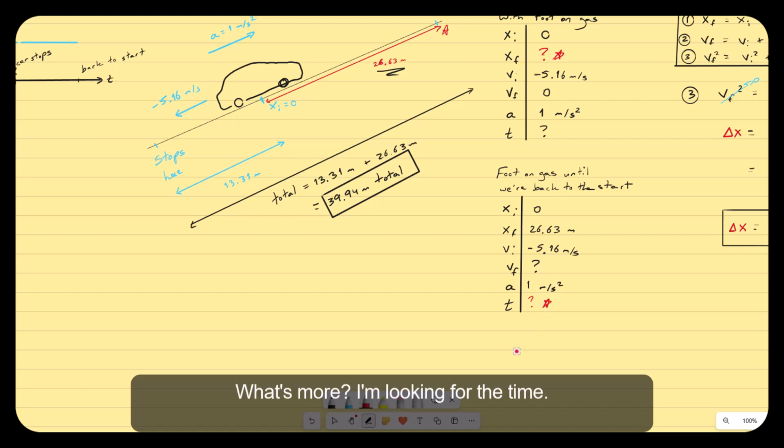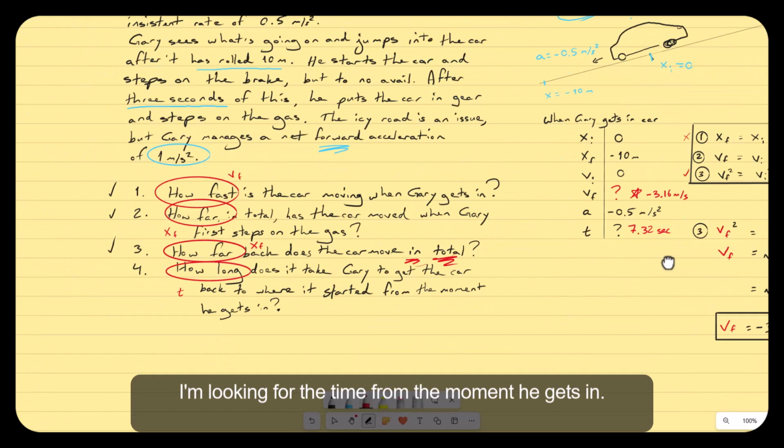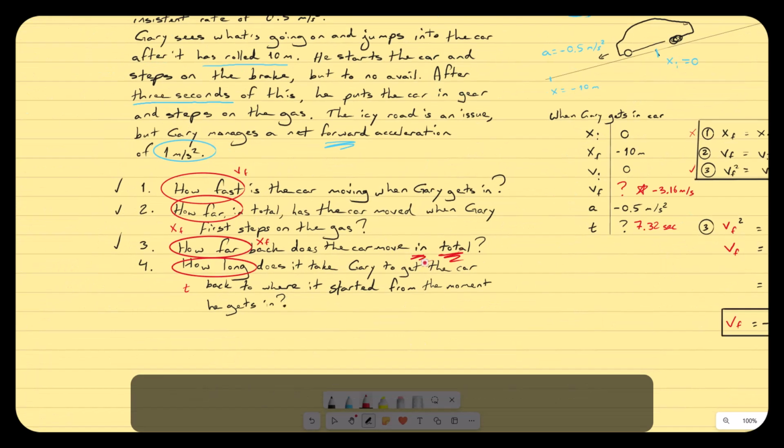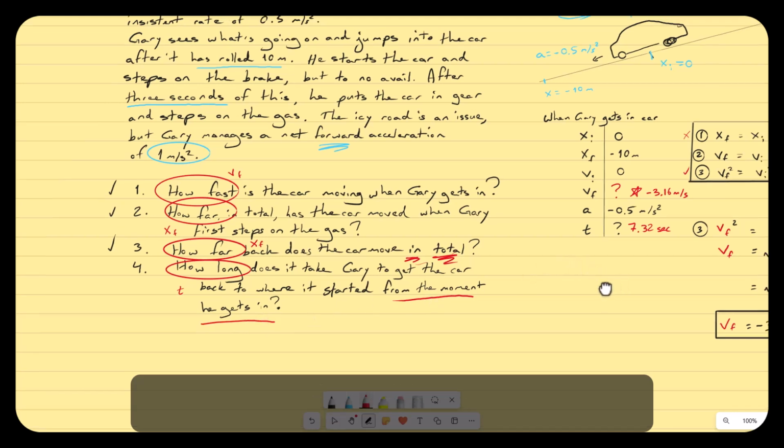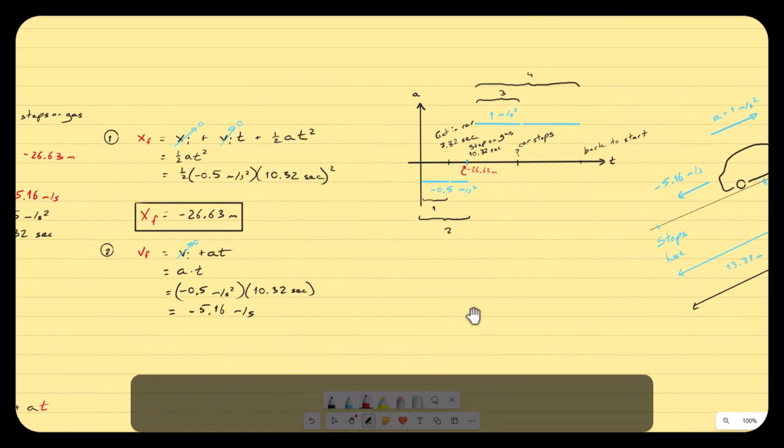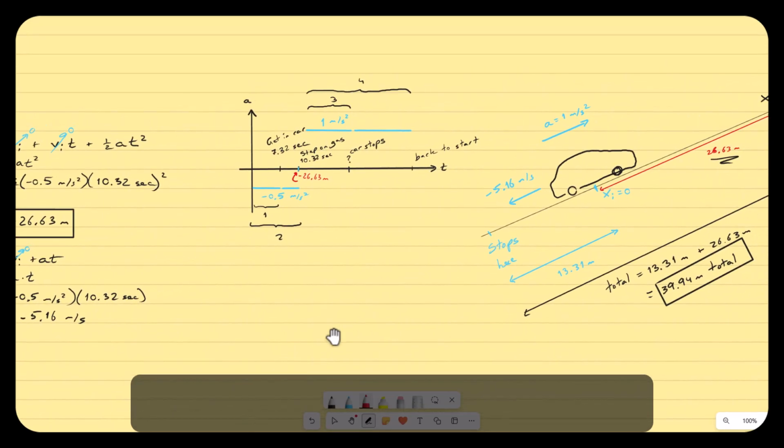What's more, I'm looking for the time from the moment he gets in. So I would like this amount of time right here, from here to here. That's the time that I need.